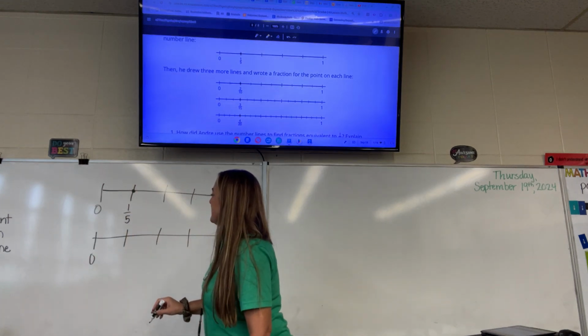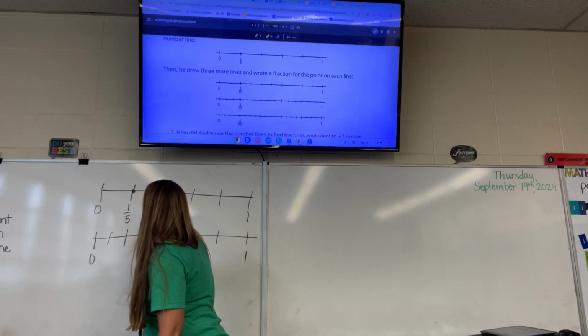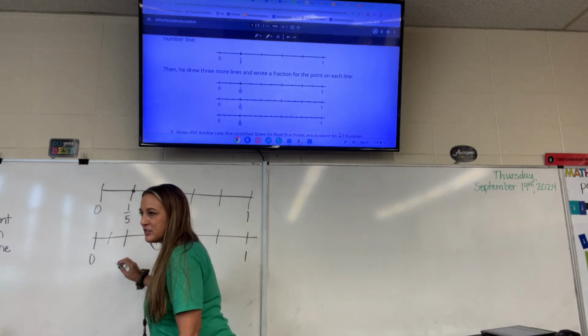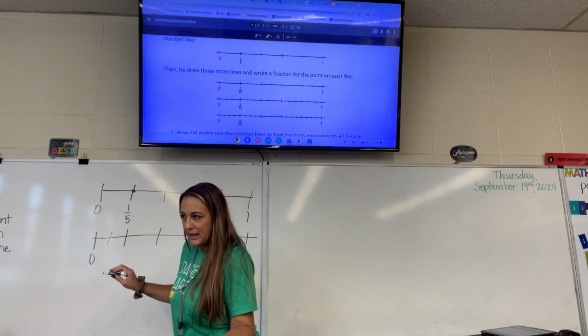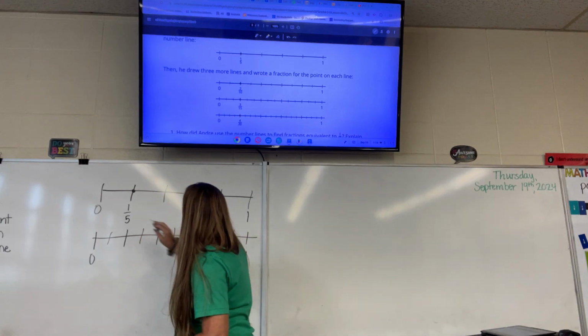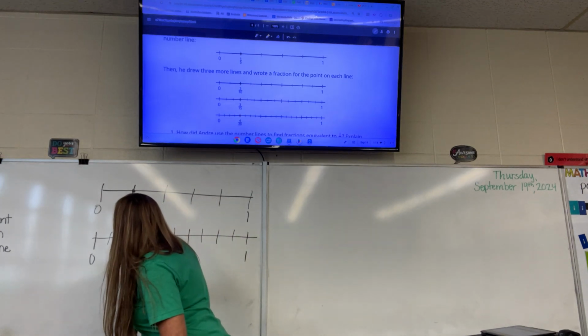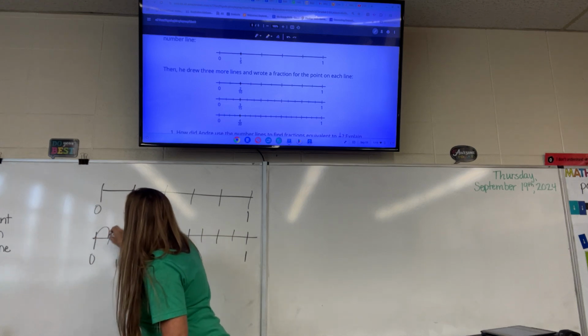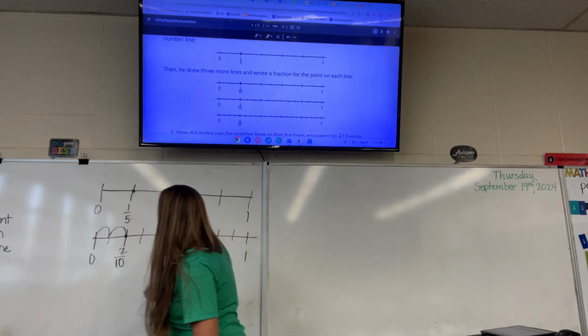But he said this time, I'm going to split each section into 2. That's like doubling it, right? And when we do that, we go from 5 sections to 10.